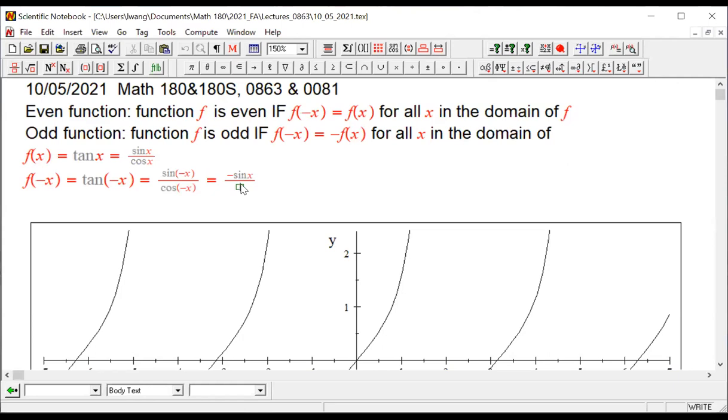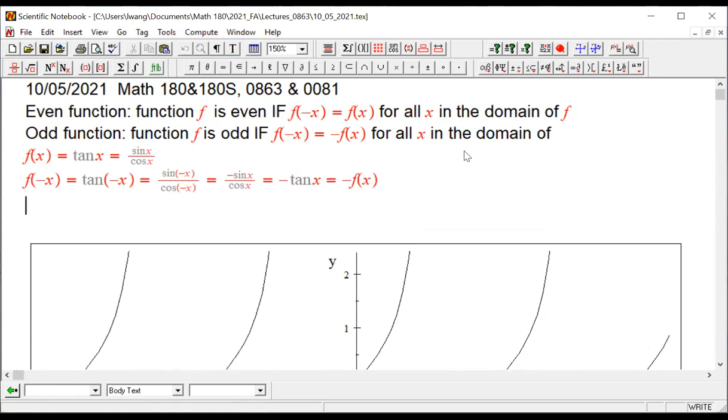Cosine is even, so it's going to be the same as cosine x. So in the end, you get a negative tangent x, which is negative of f of x. Okay, so tangent of negative x is equal to negative tangent x.